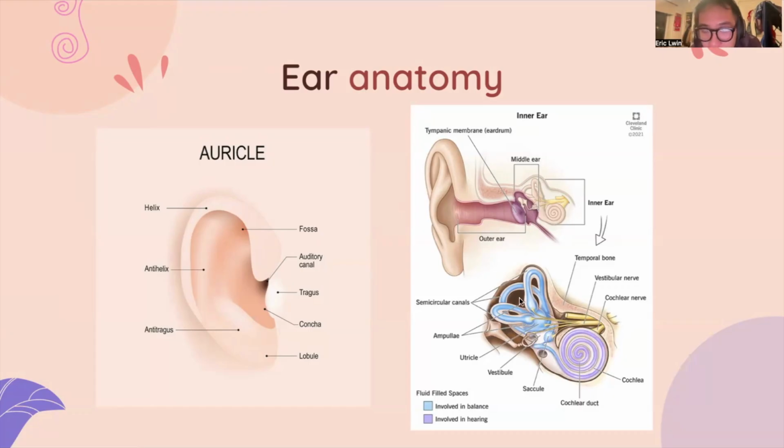In your inner ear, you also have your semicircular canals, which are responsible for the sensation and experience of balance. We will touch on these later when we talk about BPPV, but each provides sensory input to the vestibular nerve for the semicircular canals and the cochlear nerve for the cochlea. These combine into the vestibulocochlear nerve, cranial nerve 8, which provides sensory input for the brain.